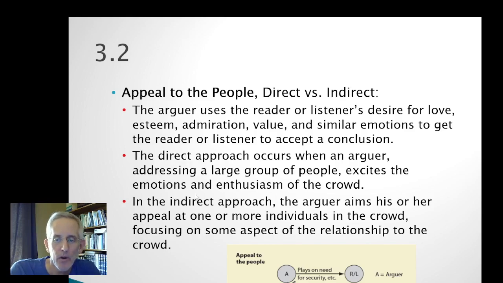Now in the indirect approach, what the arguer does is, instead of focusing on a large crowd, they focus on one particular individual. So the arguer aims his or her appeal at one or more individuals in the crowd, focusing on some aspect of the relationship to the crowd. So the indirect approach for the appeal to people occurs a lot in advertising.